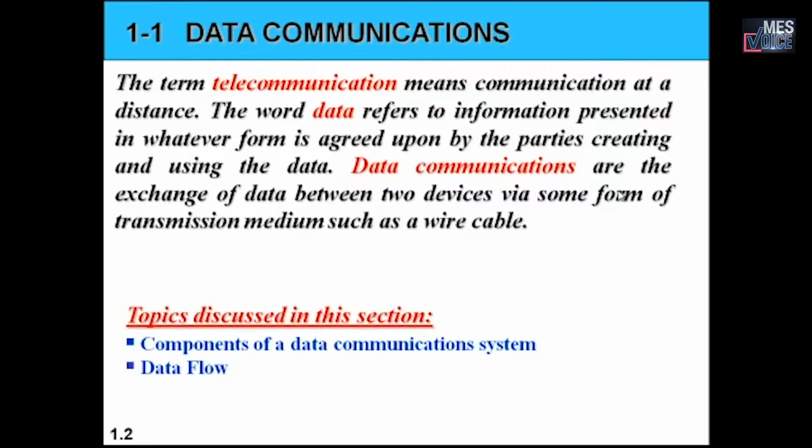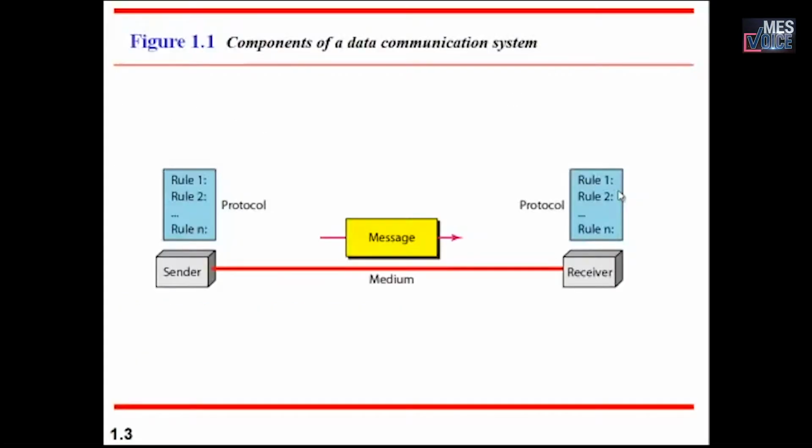So it is obvious that we need different components to fall in place for data communication to happen. The topics discussed in this section are components of data communication system and data flow. As you can see in the figure, in order for data communication to happen in a proper manner, we need to have a sender.